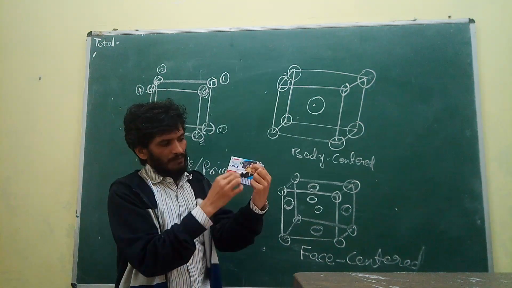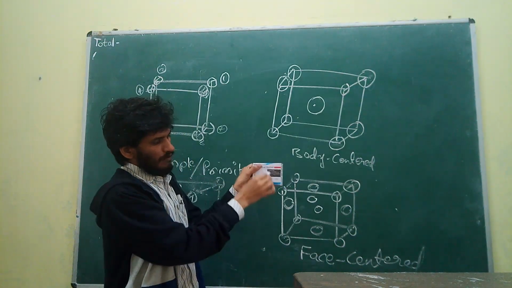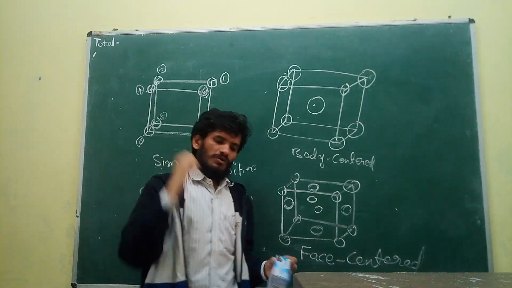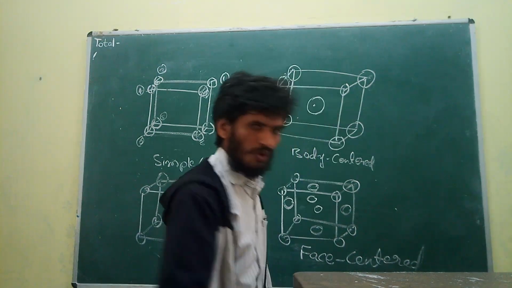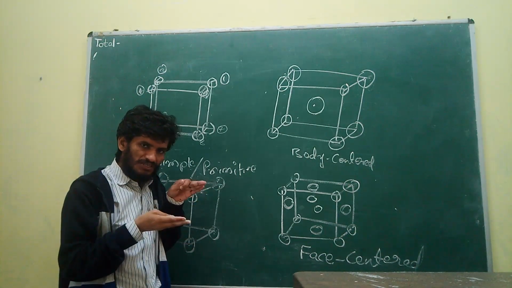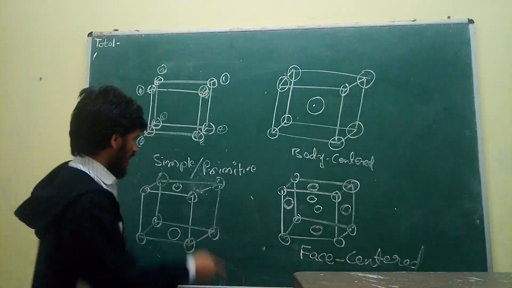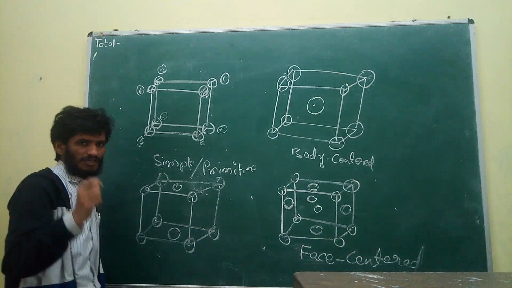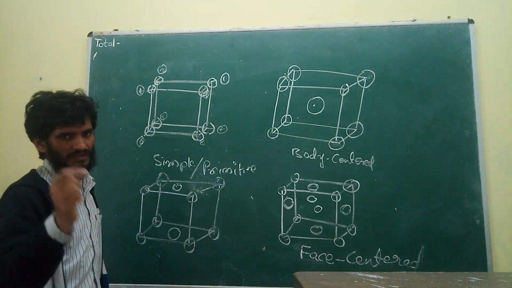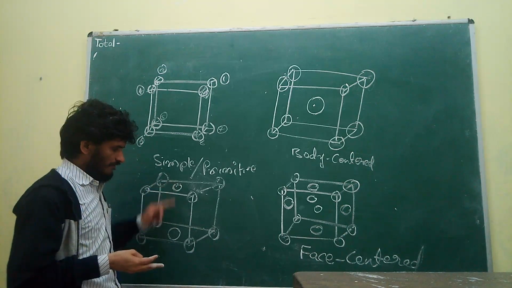So here 1 point, in the middle of this face 1 point may be present, and quite opposite another point here, meaning 2 lattice points are present on the opposite sides. Only two sides means only two faces, not all the six faces. Any two faces, but those faces must be opposite faces.